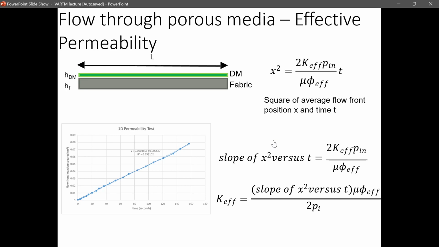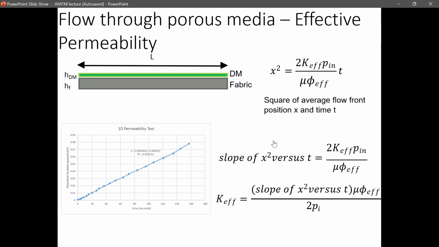Again, what do we measure in the lab? You just have to do a recording, right? And then you have to have a ruler or tape measure beside your medium. So you know what is the location of your front, this X, at each time, right? Based on this, you can have a curve like this. Location at each time, location at each time, location at each time.